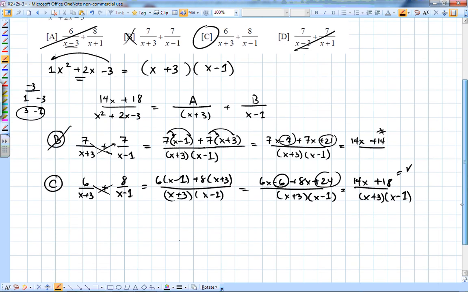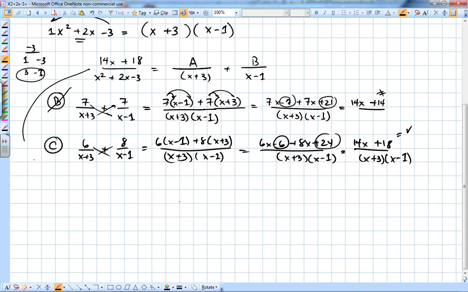Now, if you're interested in the proper way of doing this, what you would have to do is from this step right here, where you have 14x plus 18, when we have factored out the denominator, that indicates to us that the decomposed fractions must have the numerators of the factors.